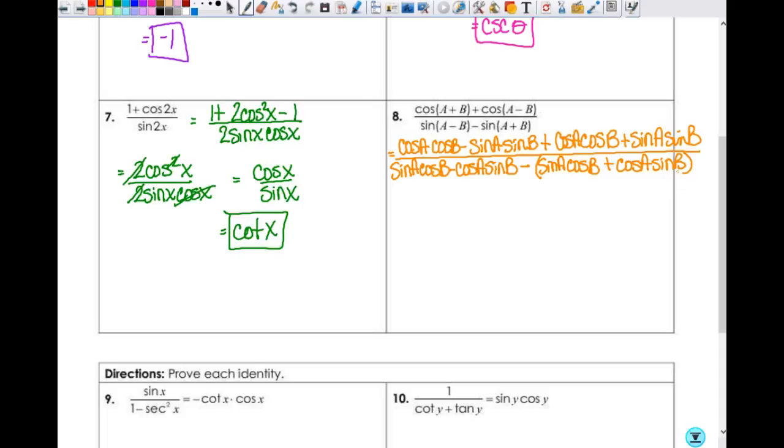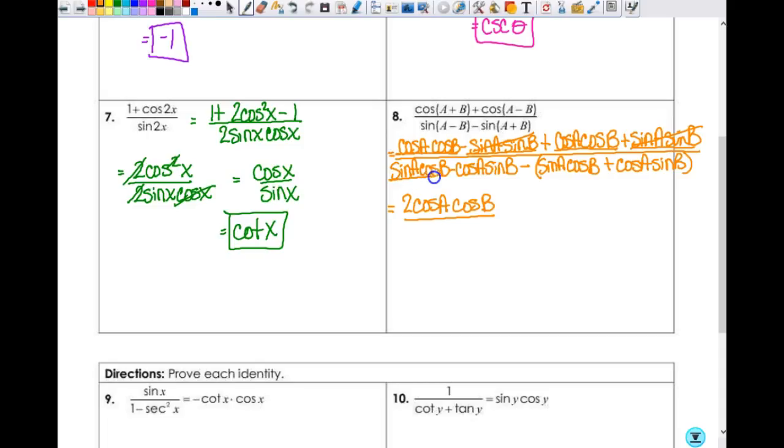All right, so now it's all substituted in, and I just need to clean it up a little bit. In the numerator, I have cosine a cosine b, and there's another one of those right here, so these two together give me 2 cosine a cosine b. Then I have this negative sine a sine b and a positive one, so those two just cancel each other out. That's all I'm left with in the numerator.